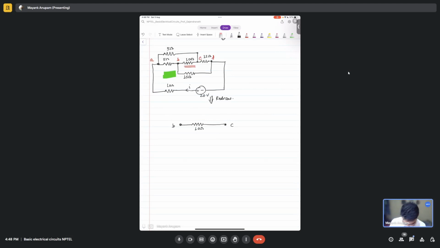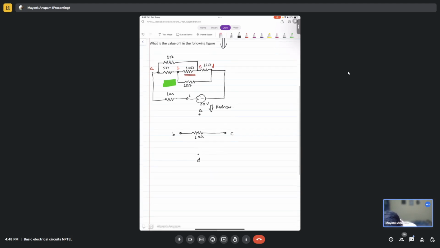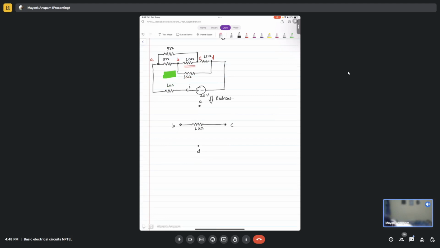Now let's take A here and D here. And what about this 5 ohm? It is connected between A and B, right? So let's do that. This is 5 ohms. Fine. So this one is sorted.